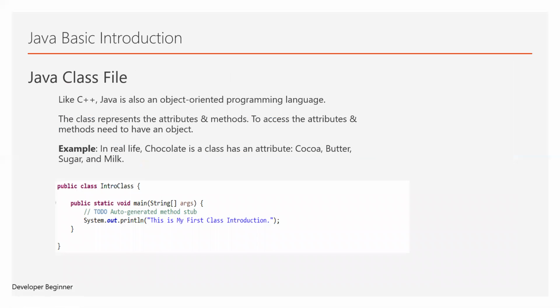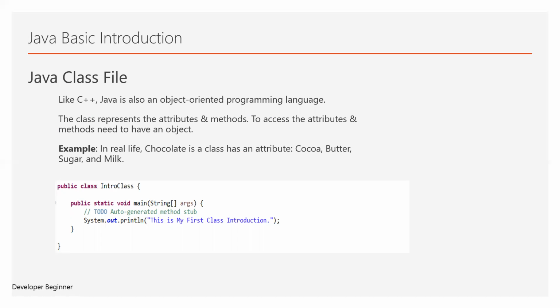Java class file. Java is an object-oriented programming language like C++. Java creates a file with extension .java, and on compiling it, it will create a bytecode file with extension .class, which is platform independent. The class file represents the attributes and methods.